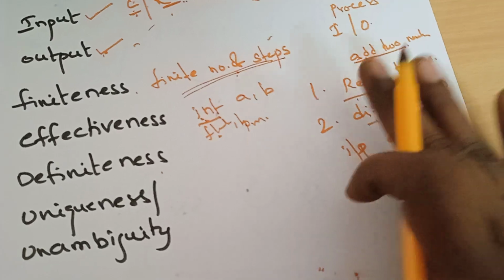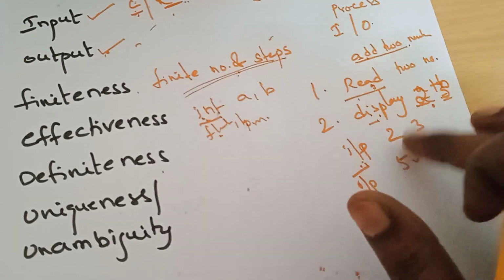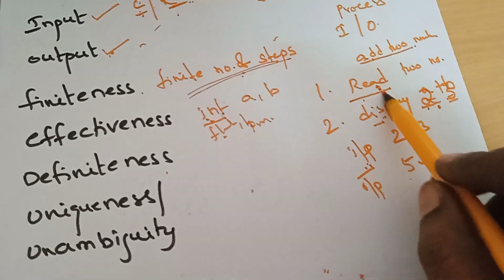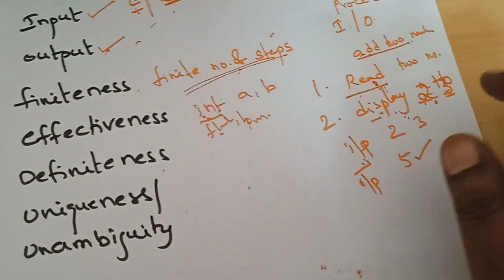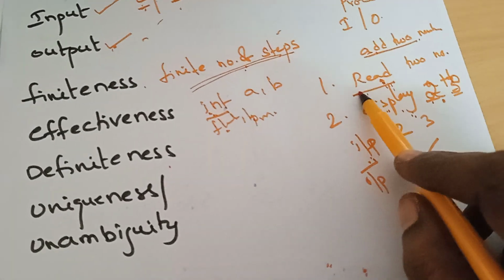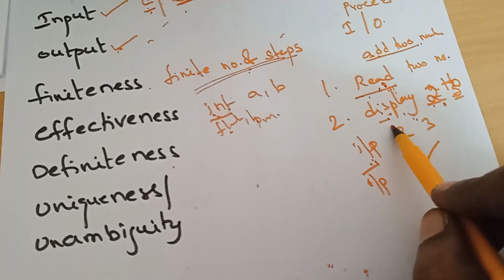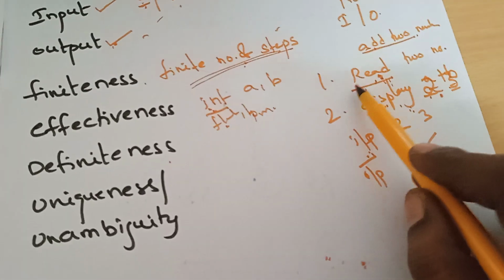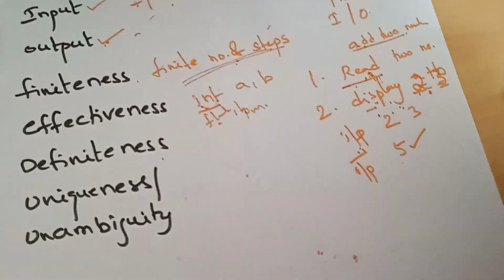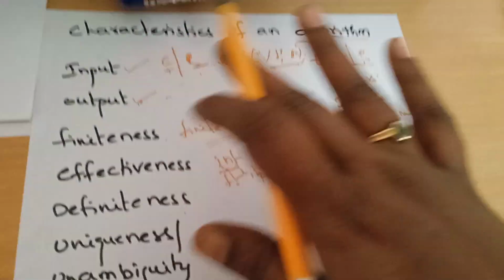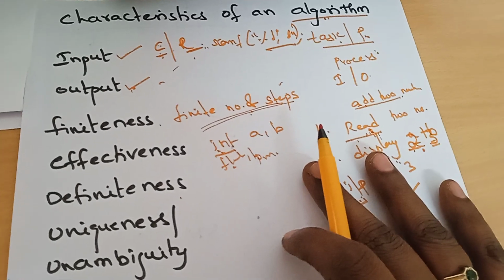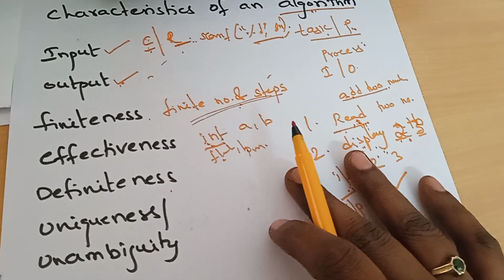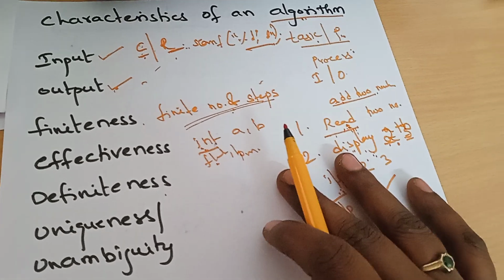Whatever step you write is unique; these two steps are different, so we don't have any ambiguity. Ambiguity means repetition. If the same step is written again, we should call it an ambiguous algorithm. Here the two steps are different, so it is unambiguous. Having all these characteristics is what makes a good, complete algorithm.